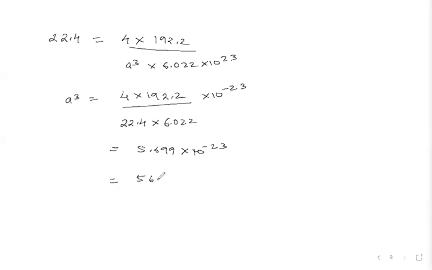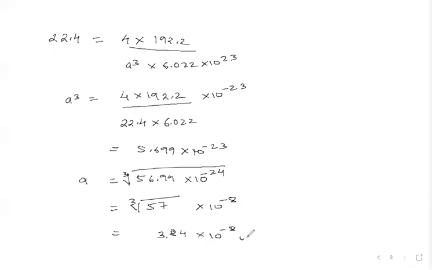That is 56.99 into 10 raised to -24. तो ये A क्यूब रूट करना पड़ेगा इसको. तो क्यूब रूट ऑफ 57 कितना मिलता है? और यहाँ पे 10⁻⁸ हो जाएगा. मुझे मिलेगा 3.84 इंटू 10⁻⁸ सेंटीमीटर। ये मुझे A मिल गया.